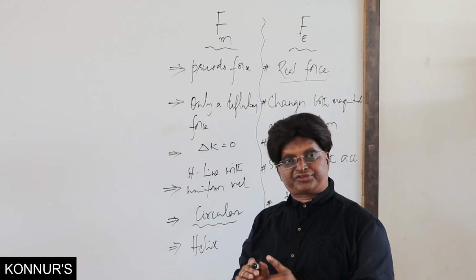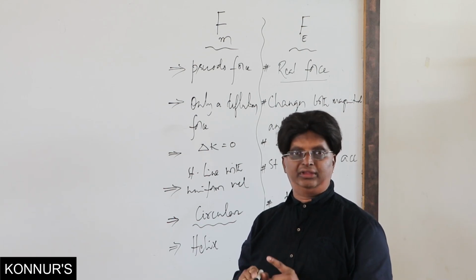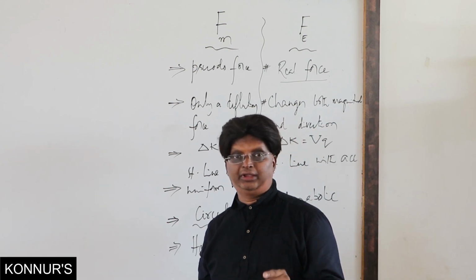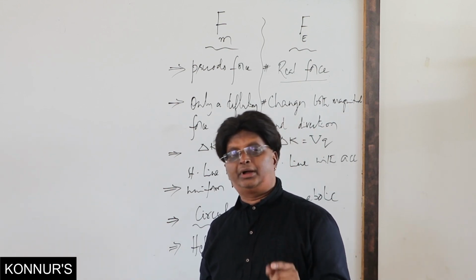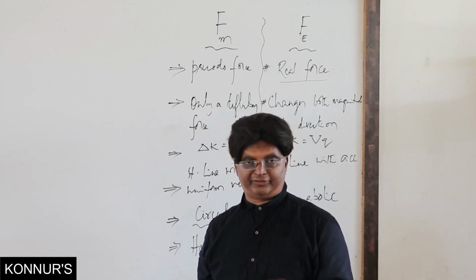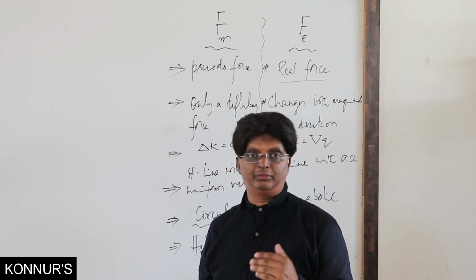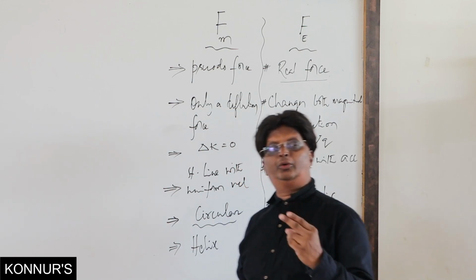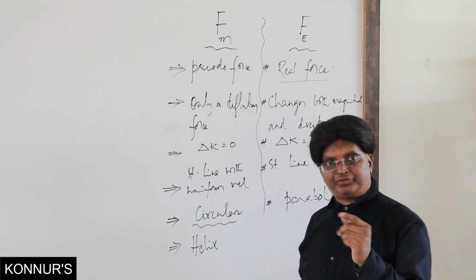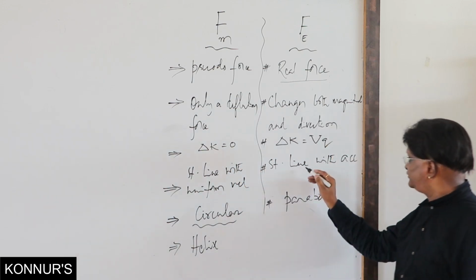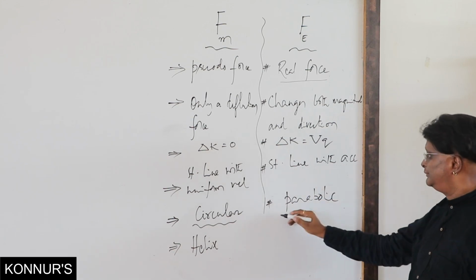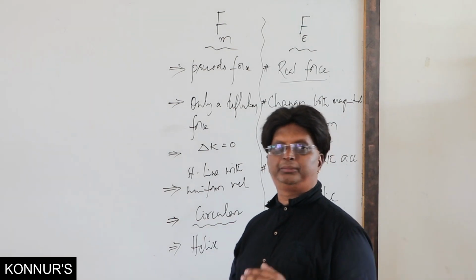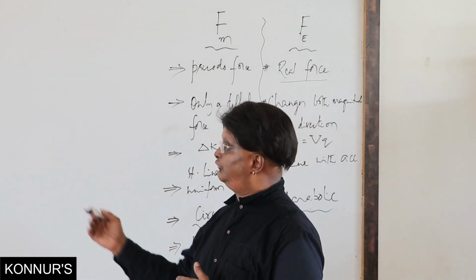There is no question of a circular path for a charged particle in a uniform electric field. Such a circular path is possible in the case of a non-uniform electric field, but in a uniform electric field the only possible paths are either a straight line with acceleration or a parabola. So this comparison is also very important. Please do remember.